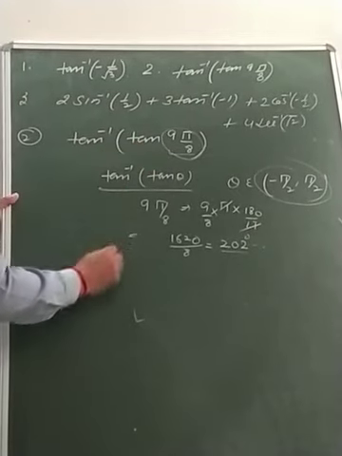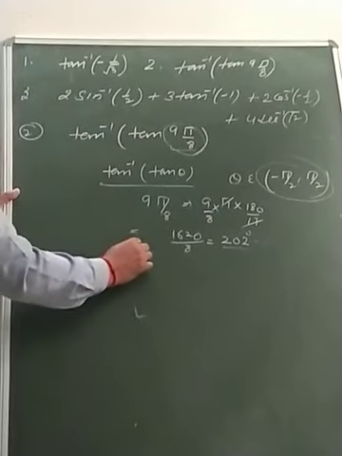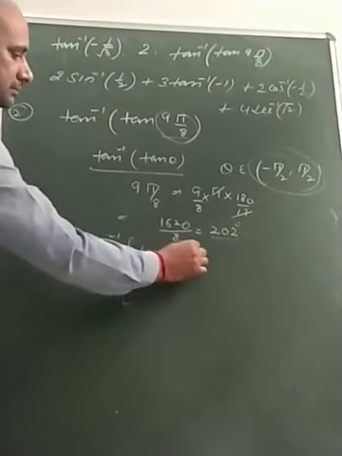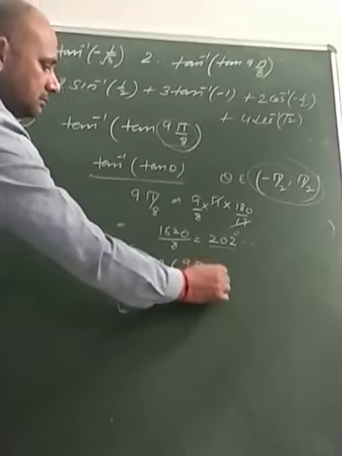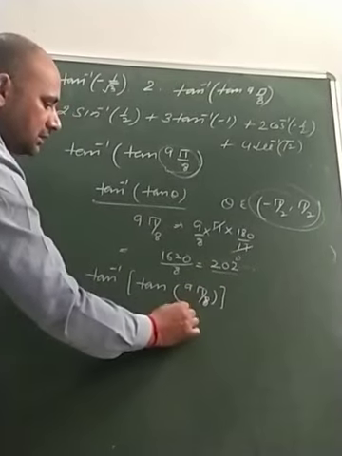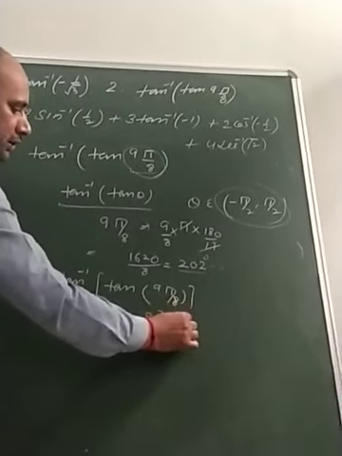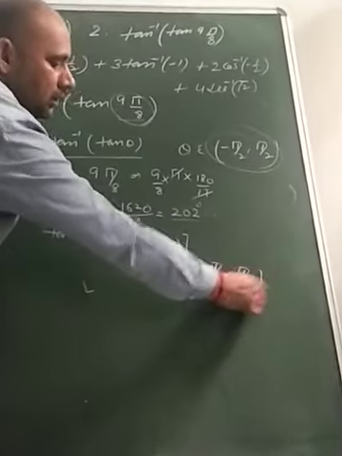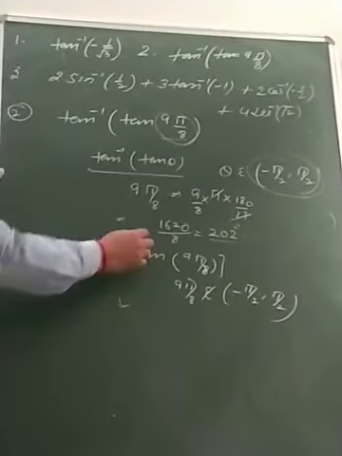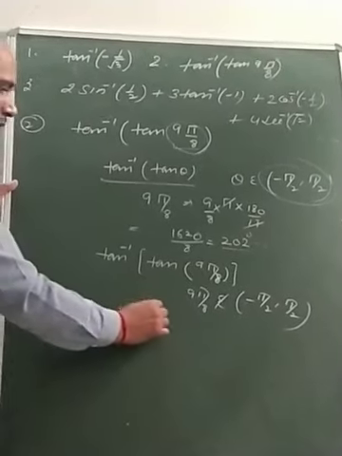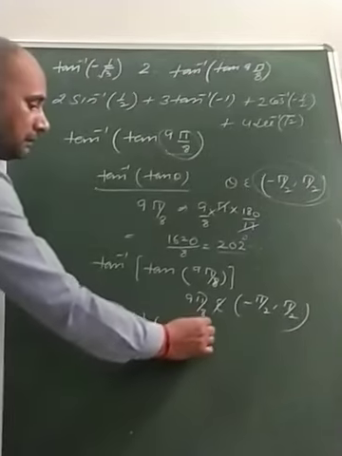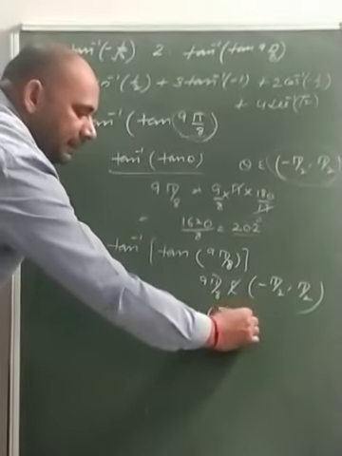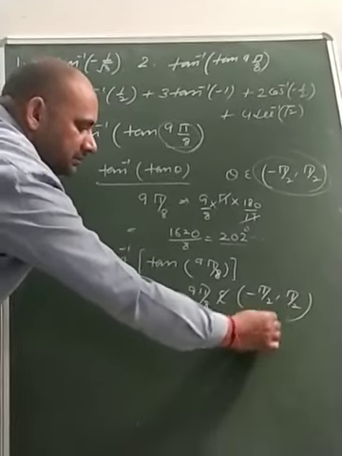So we will change tangent inverse of tangent 9 pi by 8. First you write that 9 pi by 8 does not belong to minus pi by 2 to plus pi by 2. So in the next step we write 9 pi by 8 as pi plus pi by 8.